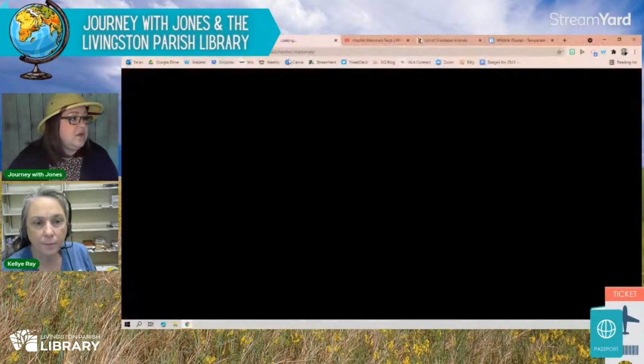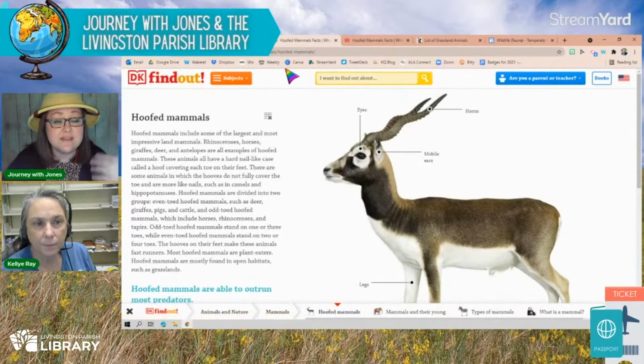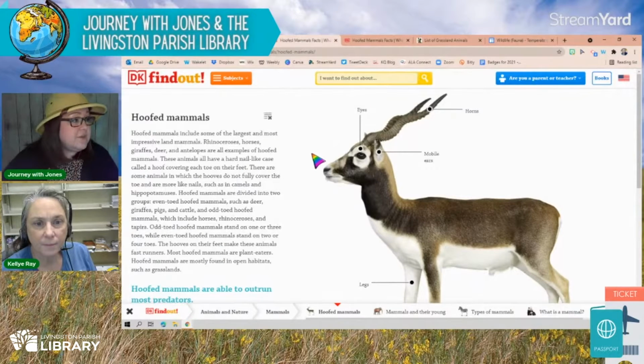Now, this says hoofed animals, and the southern in me wants to say hooved animals, but there are a lot of animals with hoofs in prairie grasslands and temperate grasslands and in savannas, which you're going to see when we take our trip to the savannas. But a lot of animals in grasslands have hooves.